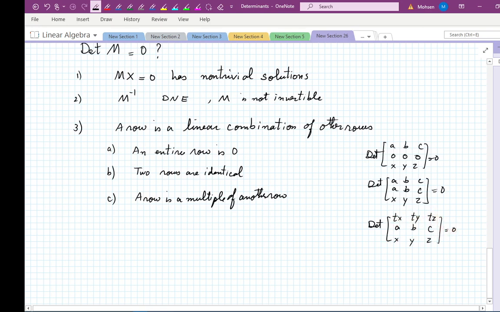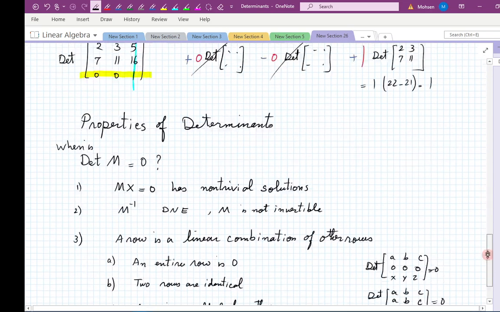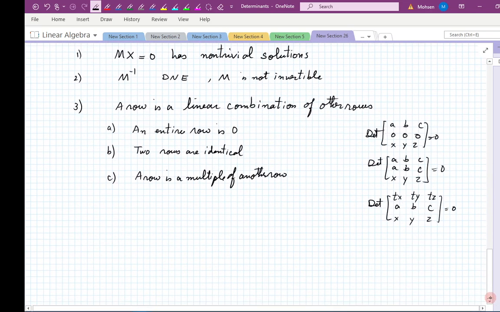The determinant is equal to 0, meaning I don't need to go through all that mess to figure out what it is. Right off the bat, I know the determinant is 0. So there are cases like this, we could list them, where the determinant is actually equal to 0.